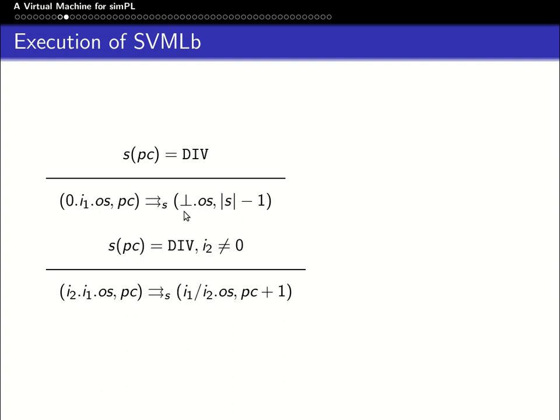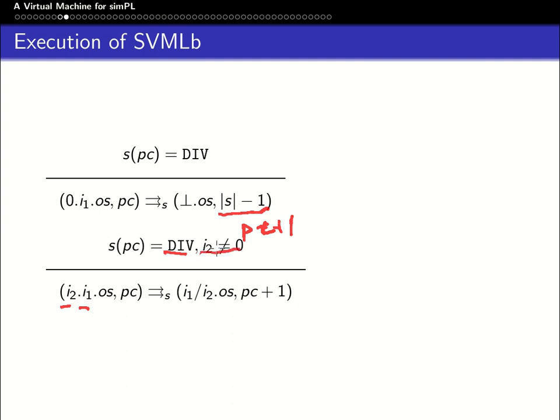And so here we apply an optimization. I'm going to discuss this in a minute. For the time being, just assume that this is PC plus 1. The alternative is that the current instruction is div, and I have two operands here, I2 and I1.